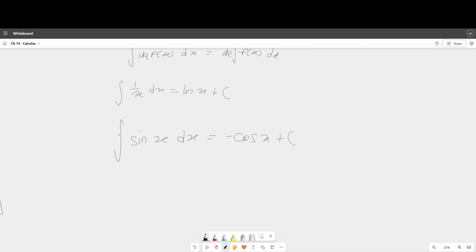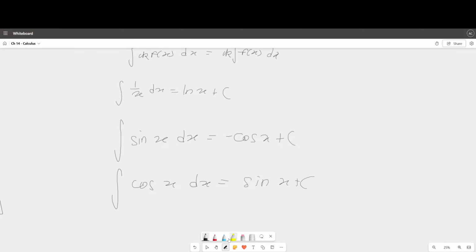So we're just taking the negative outside, because a negative 1 here and a negative 1 inside mean the same thing. And if we were doing negative 1 here, this would be positive, and if we were to not, then that would be negative. And the integral of cosine x would be sine x.